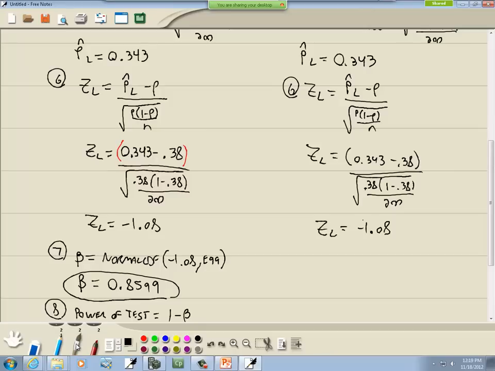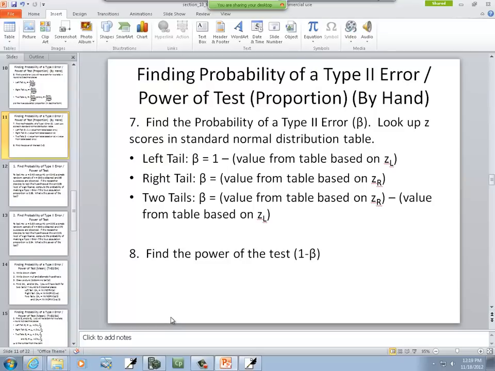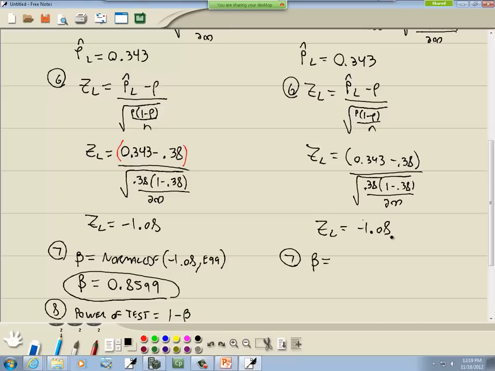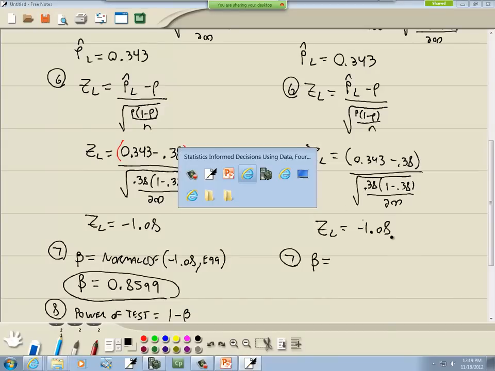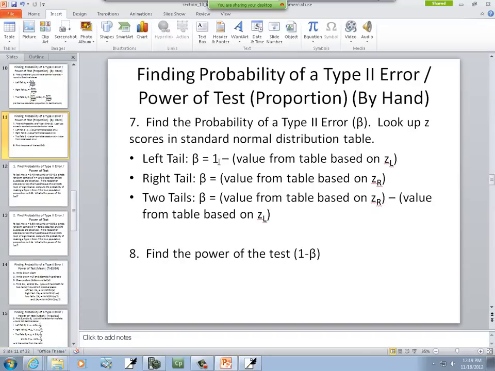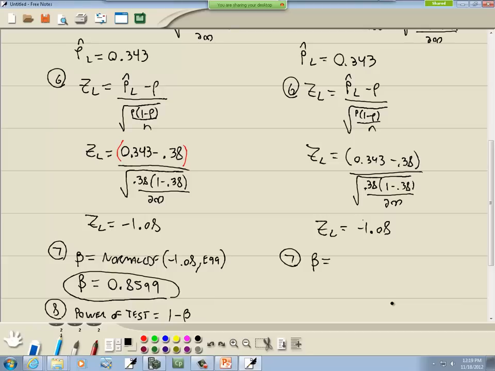Okay, 7th step. Going to find beta. It says for the left tail, beta is going to equal 1 minus the value from the table based upon Z sub L. And it says find the probability of a type 2 error. Look up the Z scores in the standard normal distribution table. Well, our z-score here is negative 1.08. So let's go look this up. Actually, what did we say? Left tail is 1 minus, so let me go put the 1 minus there.